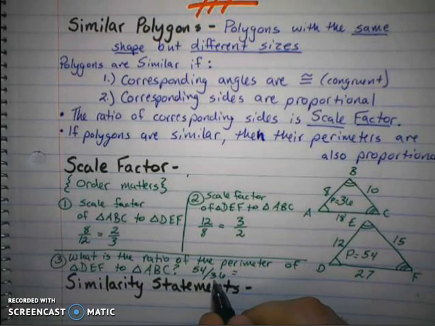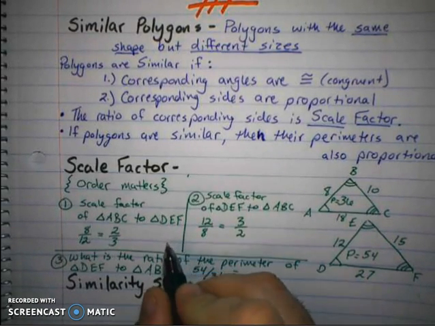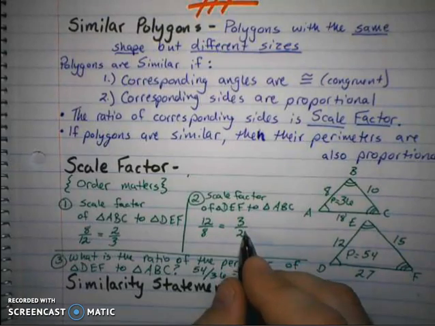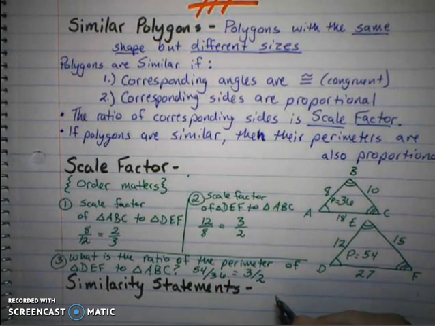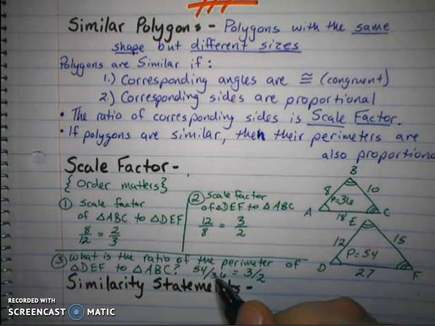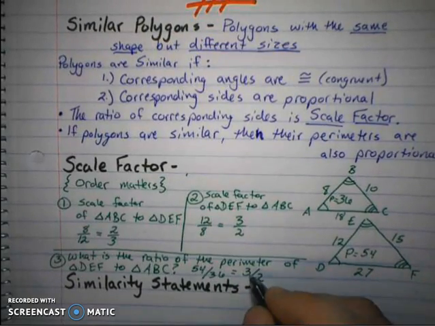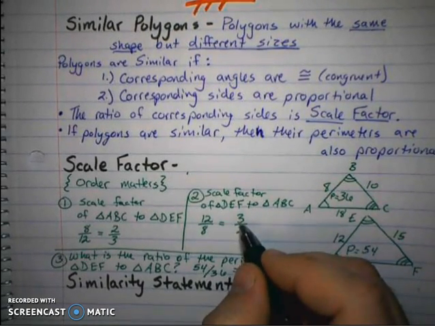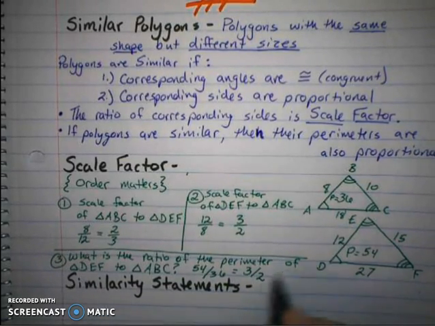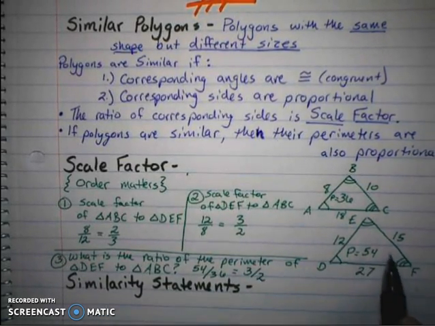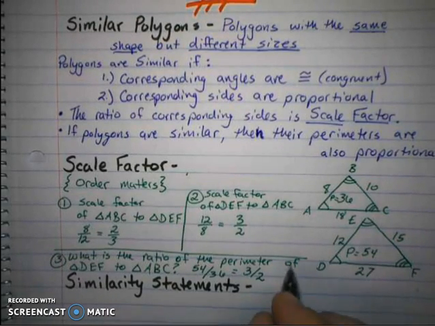But when I reduce it, I get a 3 to 2 ratio. Okay? We can divide these both by 18, which is the greatest factor you can divide by. And you get 3/2, which is the same as the scale factor of DEF to ABC. And so you'll notice that the perimeter ratio is also the same as the scale factor ratio.